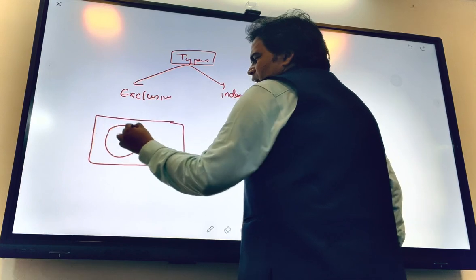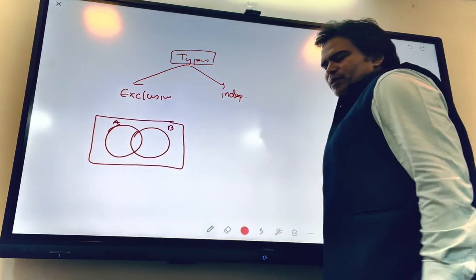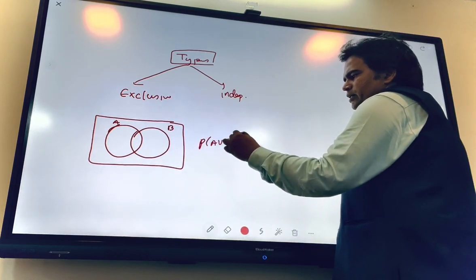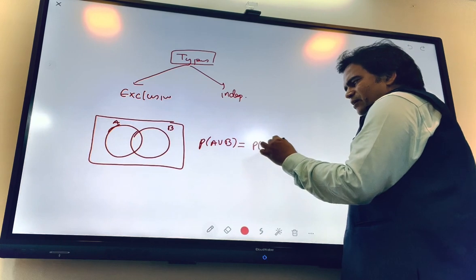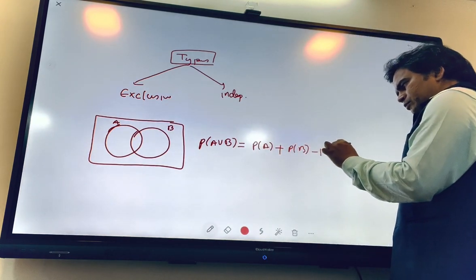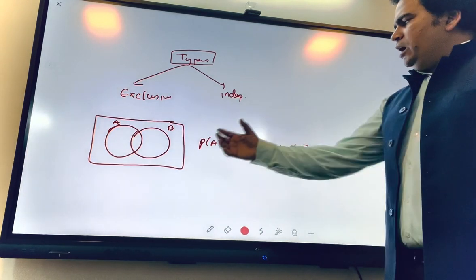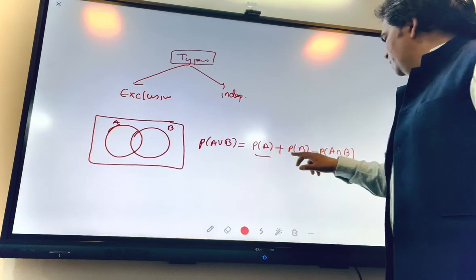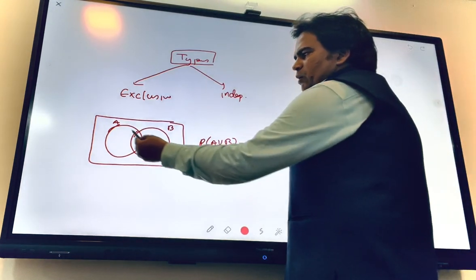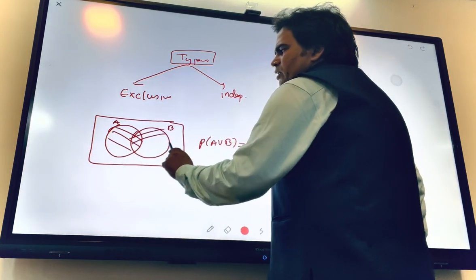If you have 2 sets A and B, the probability of A union B is probability of A plus probability of B minus probability of A intersection B. Because when I add probability of A, this entire set comes, then probability of B, this entire set comes.